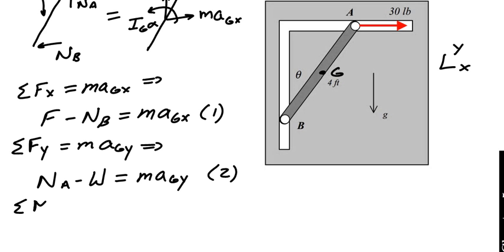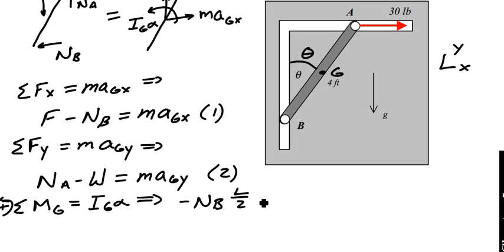I can also sum moments about the center of mass. I'll set this equal to I about G times alpha, and to be consistent with my diagram, I'll sum moments here in a counterclockwise positive sense. And if I do this, noting that this interior angle here is given to be this angle theta, I'll have first of all NB, the normal force at B, creating a negative moment, and the moment arm in that case is going to be given by L over 2 times the cosine of the angle theta.